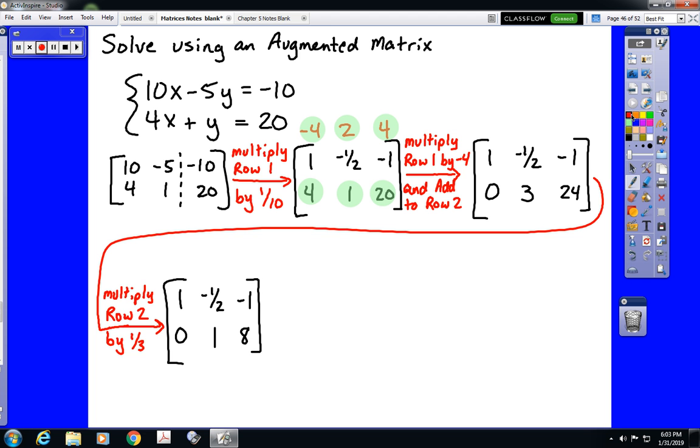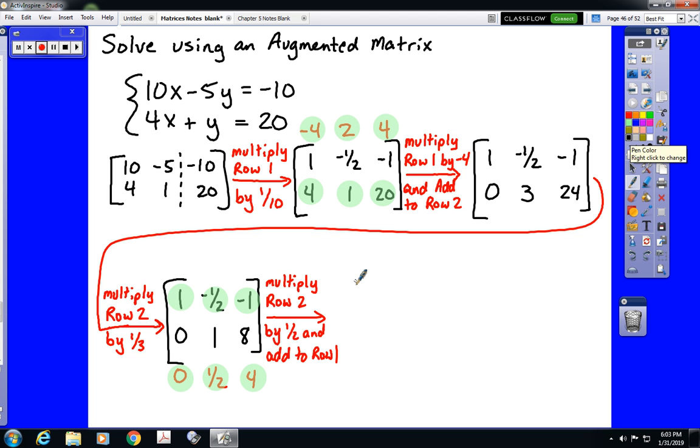Then we need to carry out one more combo move. So we're going to multiply a copy of row 2 by 1/2 and add it to row 1. So that would be 0, 1/2, and 4. And we would be adding those numbers to the first row to create the new first row.